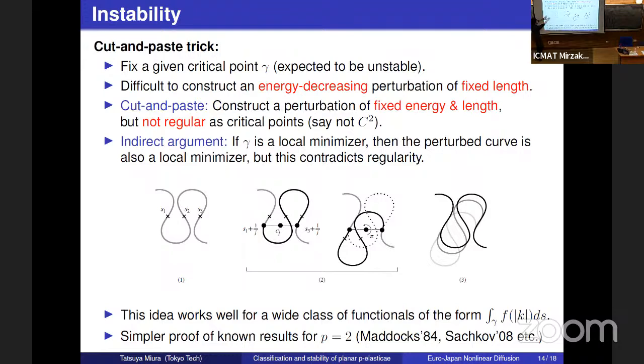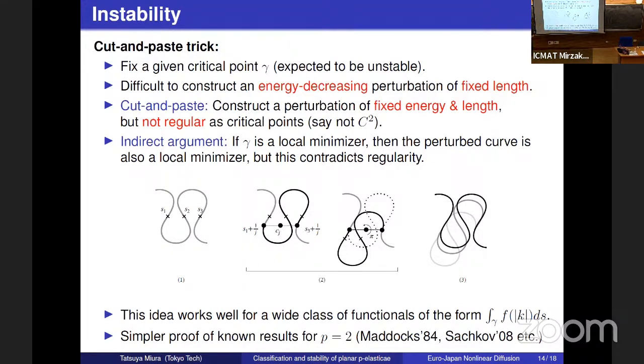So for example, if you have this kind of wave-like elastica with three inflection points, we prepare three well-chosen points, and if we just rotate this part and construct a perturbation just by using cut and paste, then of course this has the same length and the same bending energy, but you can easily notice that at this point the curvature is discontinuous.